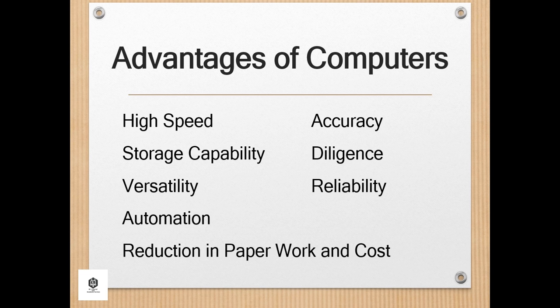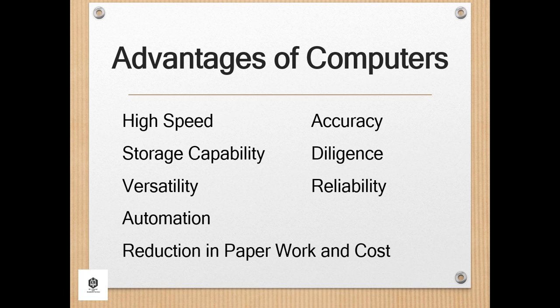Diligence. Unlike human beings, a computer is free from monotony, tiredness, and lack of concentration. It can work continuously without any error and boredom. It can perform repeated tasks with the same speed and accuracy. Versatility.